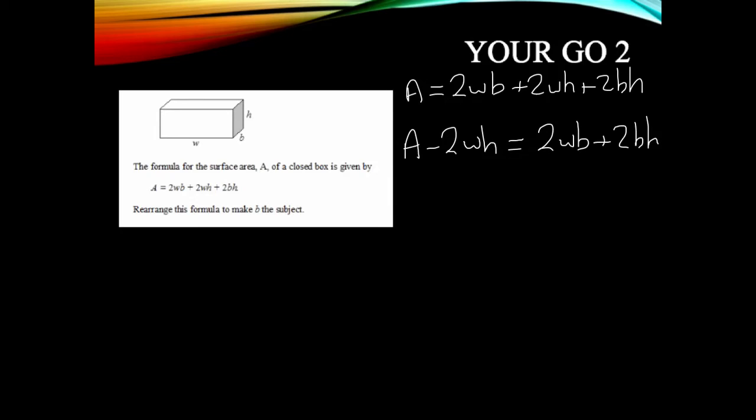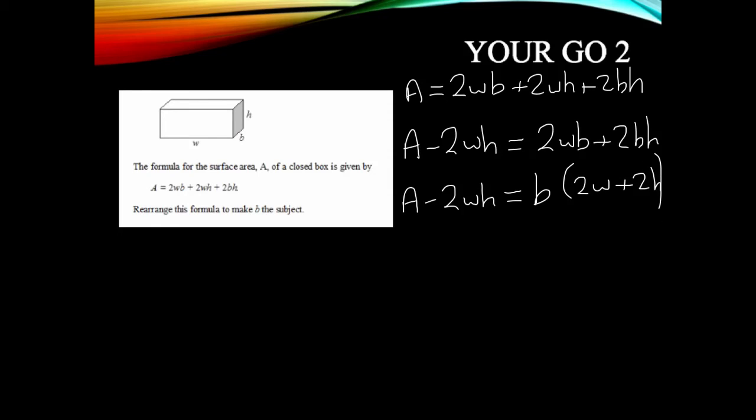Okay, now we're trying to make b the subject. So on this left hand side, I'm not going to do anything. I'm just going to leave it alone and write it out again. On the right hand side, I'm going to take a factor of b out. So 2w plus 2h. And now finally I'm going to divide both sides by this here, leaving b by itself.